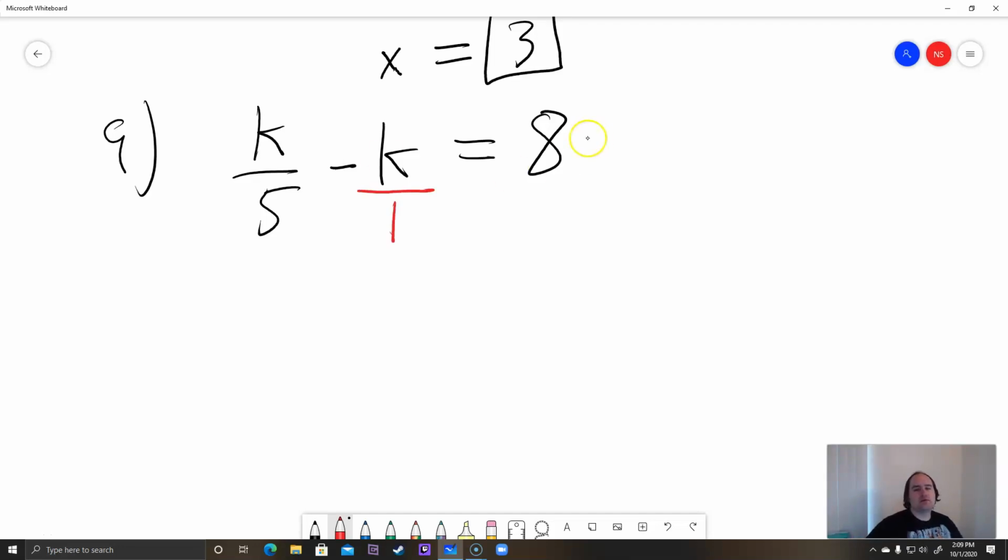And we want to multiply this fraction by what we're missing. We want these to have the same denominator. So here we have a 5, here we don't. So here we're going to multiply the second fraction by 5 on the top and the bottom.